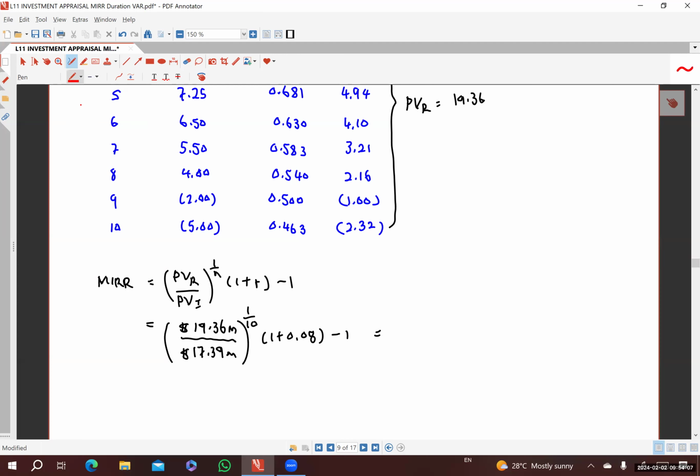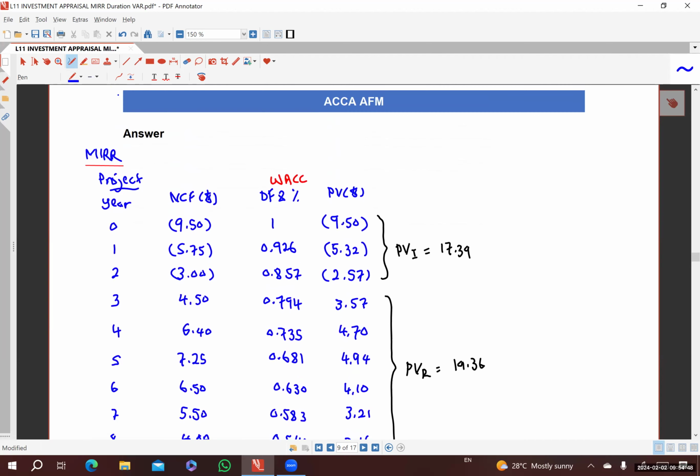Now, 1 over 10 is actually root 10. The calculator will have this root function. Okay, MIRR.